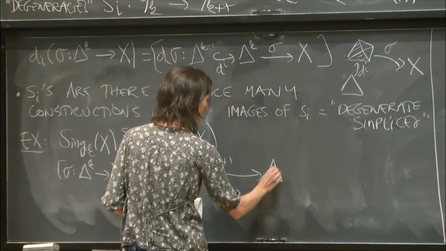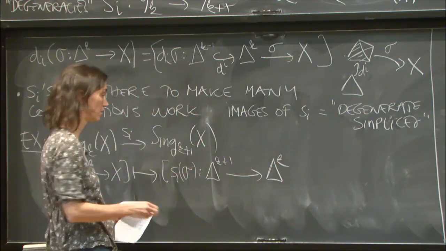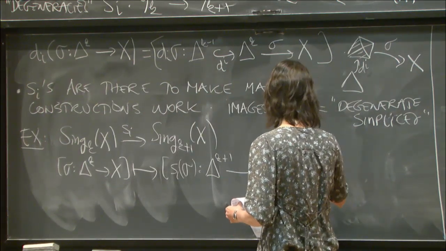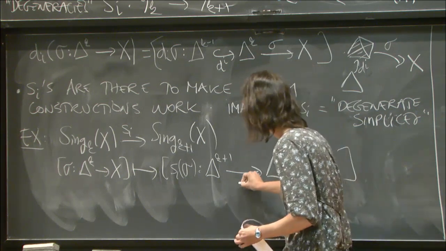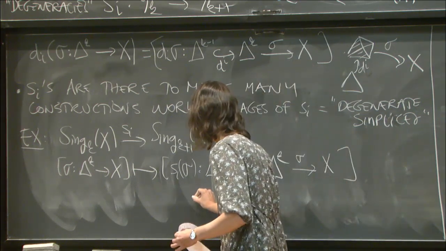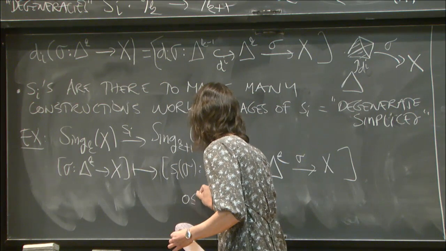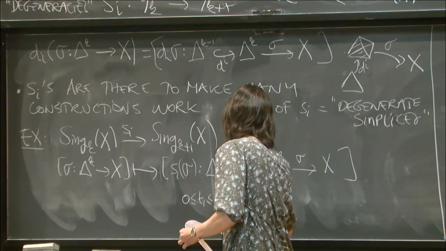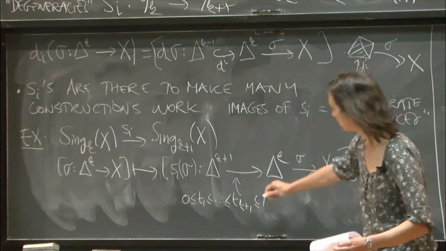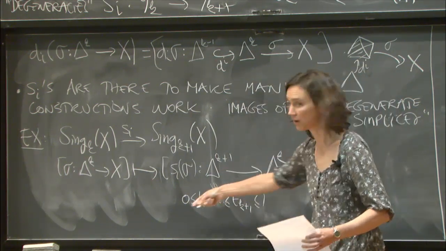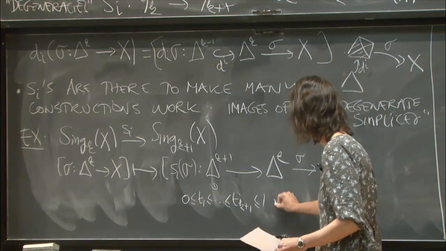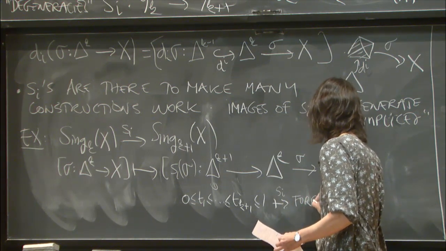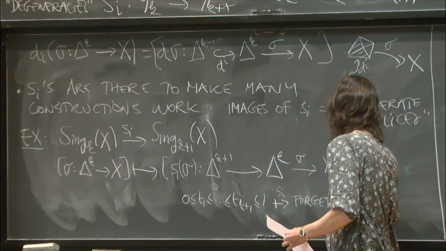I crush delta k plus 1 to delta k, I lose the dimension, and then I do sigma to X. The map takes elements (0, t_1, ..., t_{k+1}, 1), the elements in delta k plus 1, and s_i just forgets t_i.